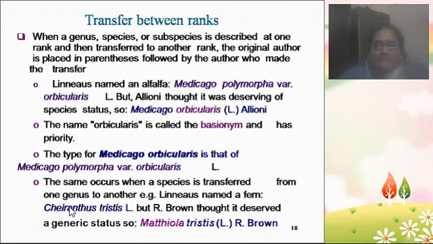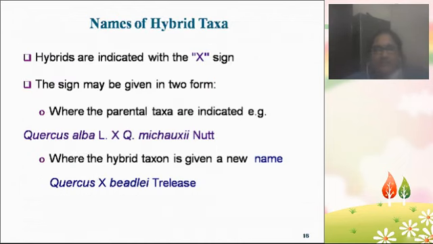In that case also, the original author name should be abbreviated and kept between parentheses, and he is the recent author, Brown. This is one example: Matthiola tristis, original author Robert Brown. And that is about the transfer of ranks.